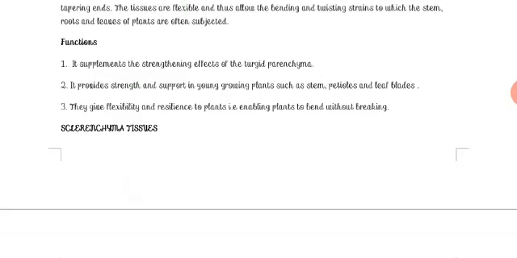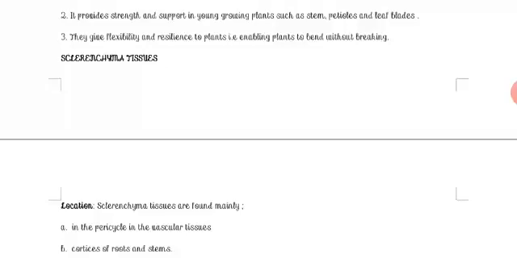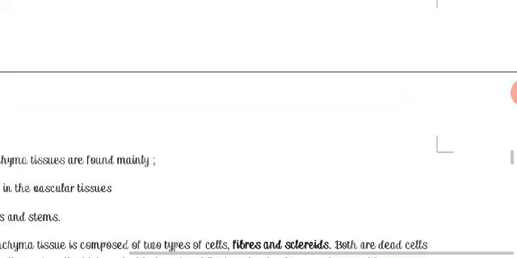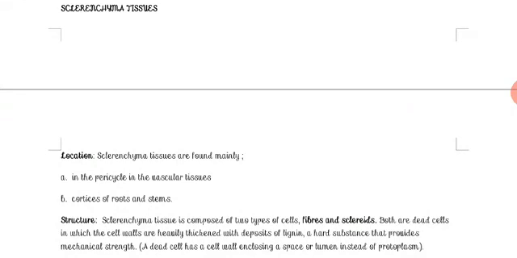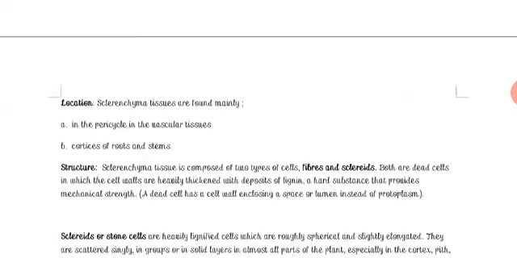That is, they enable plants to bend without breaking, most especially when it is raining and the rain comes with a kind of strong wind, where we see the wind blowing plants in different directions. Even after the rain, you see all the plants bending, but with time, without any external factor, you see them standing erect again.